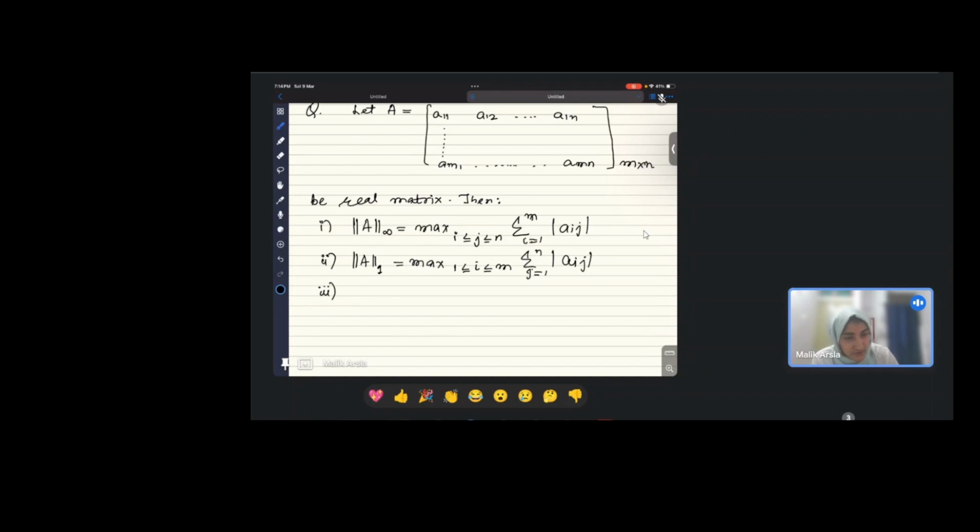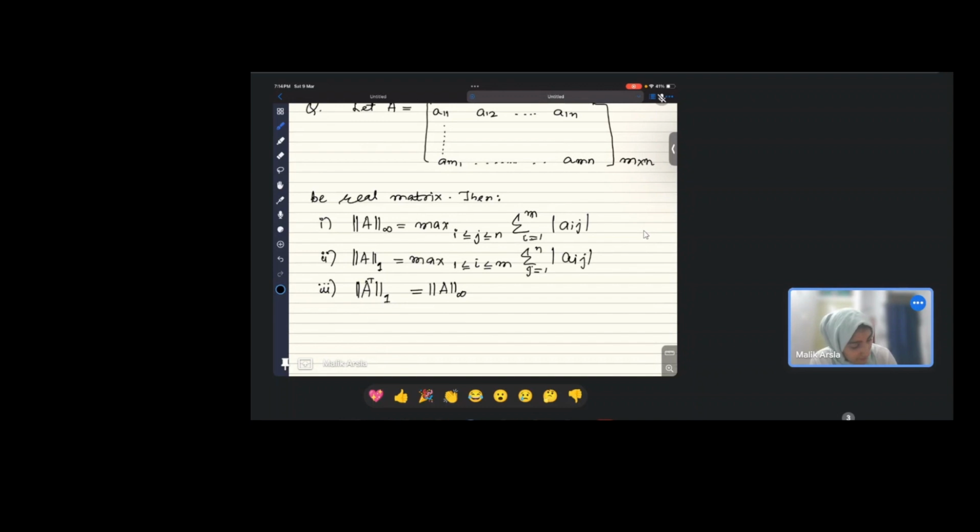The third option is the 1 norm of A transpose is equal to the infinity norm of A, and the fourth option is the 2 norm of A transpose is equal to the infinity norm of A.